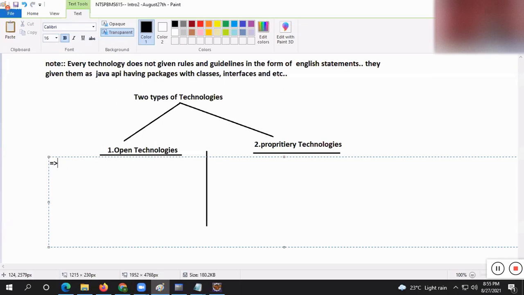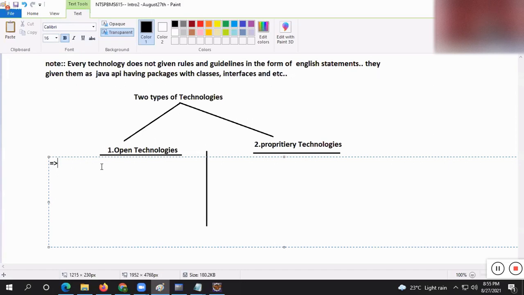implementation software. Sweta Sharma, I am not talking about the Java language license. I am talking about technologies. Moreover, the Java language license is different and the technology license is different. Don't mix up both. And still you can use Java as an open source platform, guys. From Java 11 onwards, they have given 2 flavors: one commercial flavor and one open source flavor.